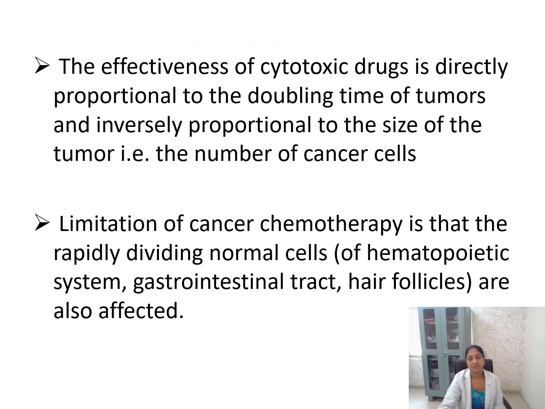The effectiveness of cytotoxic drugs is directly proportional to the doubling time of tumors and inversely proportional to the size of the tumor, that is, the number of cancer cells. The limitation of cancer chemotherapy is that the rapidly dividing normal cells of the hematopoietic system, gastrointestinal tract, and hair follicles are also affected.